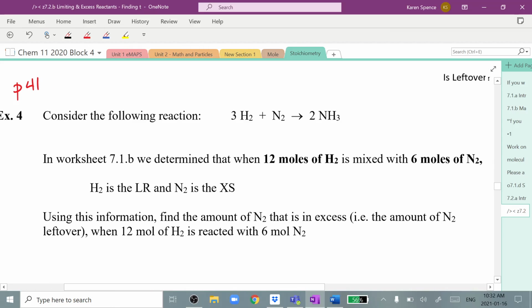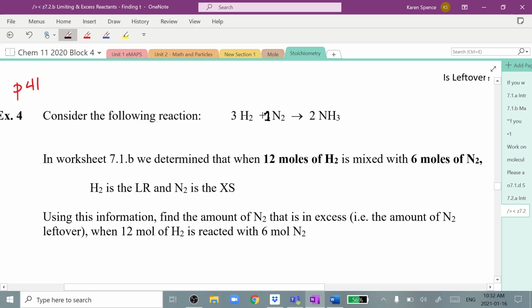So this is example 4 on page 41 of the Ivory Workbook, Unit 7. Consider the following reaction. We have 3 moles of H2 react with 1 mole of N2 to give us 2 moles of NH3.